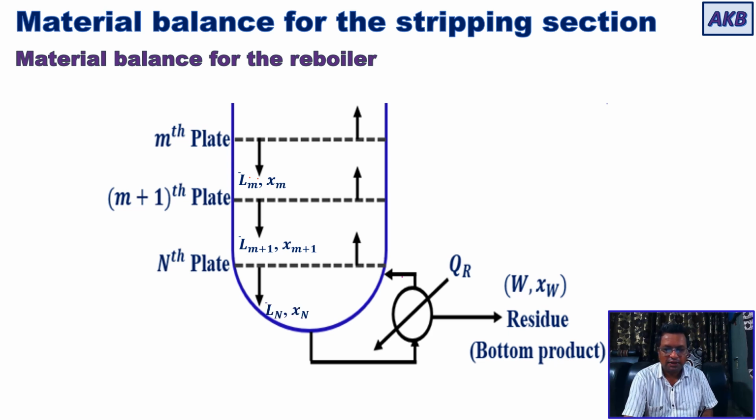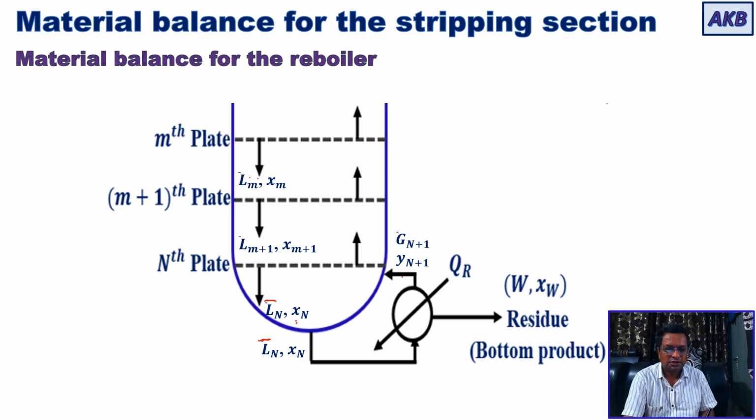Then the liquid stream that is leaving the last tray, nth tray, will have a molar flow rate of L bar n and mole fraction of A in it will be xn. Then the same stream will be taken out and sent to the reboiler. In the reboiler, heat will be added at a rate of QR and it will generate the vapor phase. So the vapor phase, now you just look at the notation.